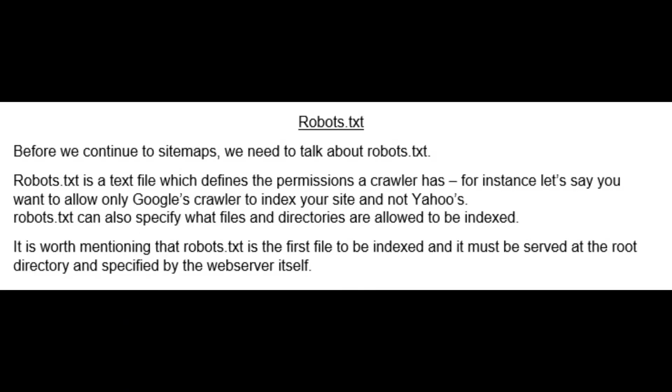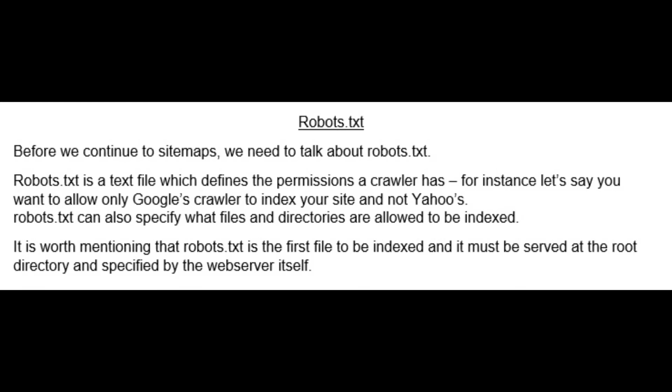Now, before we continue and start talking about sitemaps, we need to talk about a file called robots.txt. This is a text file which defines the permissions a crawler has. For instance, let's say you want to allow only Google's crawler to index your site and not Yahoo's.